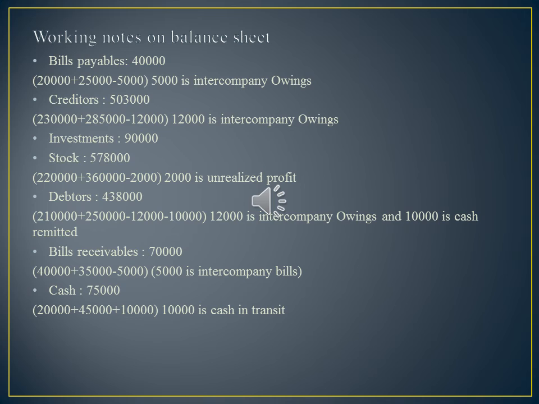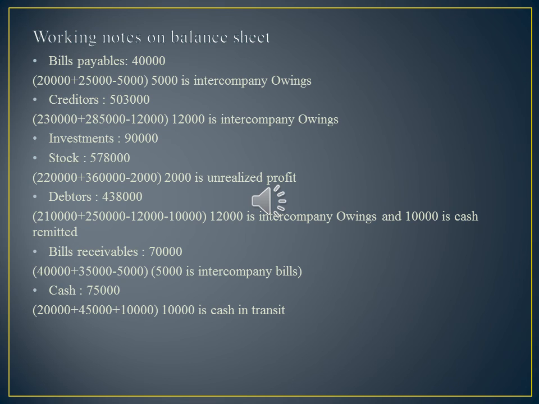And then next one is debtors. In case of debtors, we are taking the debtors of holding company together with subsidiary company and deducting the intercompany owings of 12,000 rupees, and 10,000 is the amount of cash remitted. If you have any doubt, please go through that question.